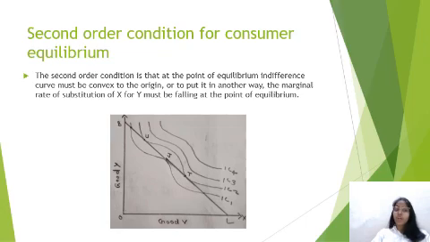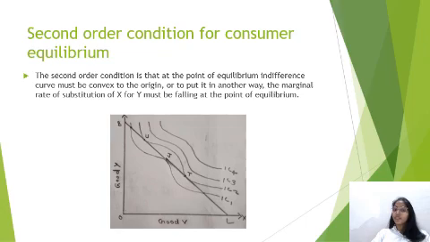What's the meaning? The second order condition is that at the point of equilibrium, the indifference curve must be convex to the origin, or to put it another way, the marginal rate of substitution of x and y must be falling at the point of equilibrium. So here you can see the curve.